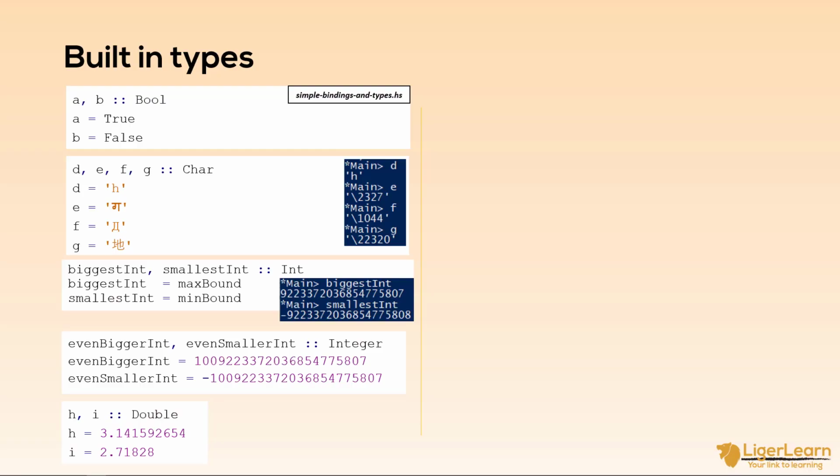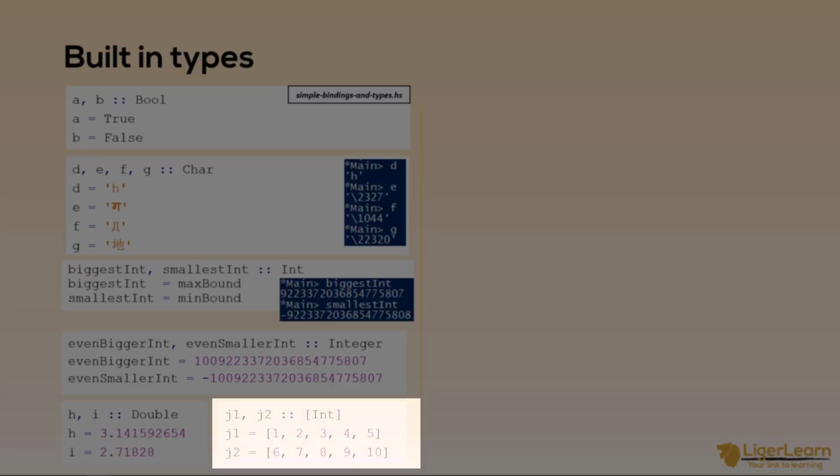The next type to consider is a special kind of type, that is, lists. We can declare a list containing items of a specific type and populate that list with a special convenient syntax. We refer to a list using square brackets. For example, the variables j1 and j2 here are both of type list of int. Then we can bind the variable to a value using the special list syntax, which is quite simple.